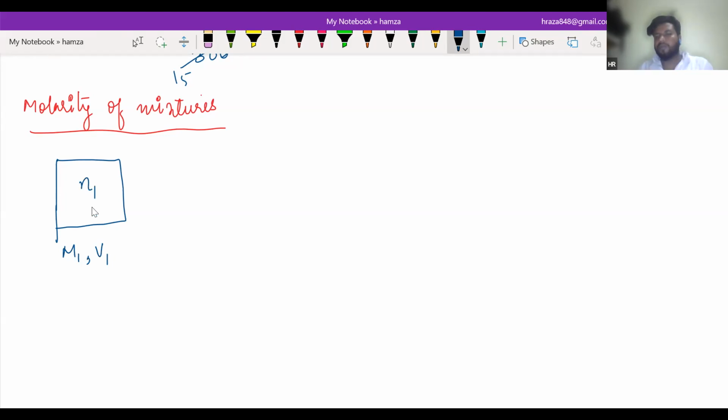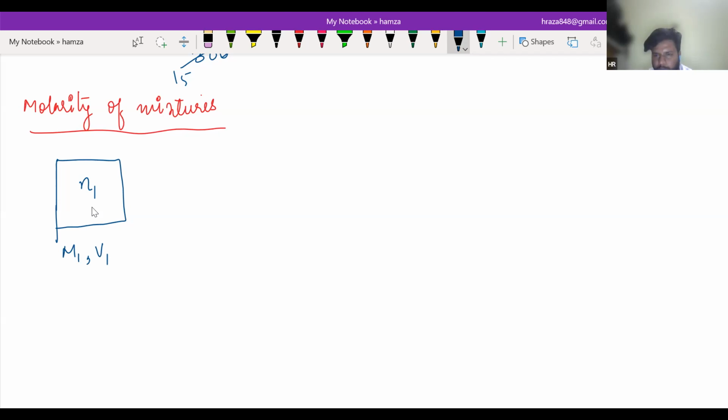Whenever we talk about number of moles in molarity, it is understood that the number of moles is of solute, not solvent, because in molarity we use number of moles of solute.